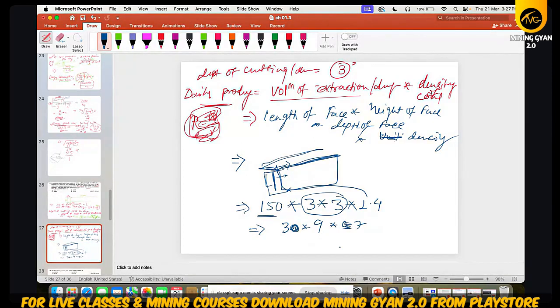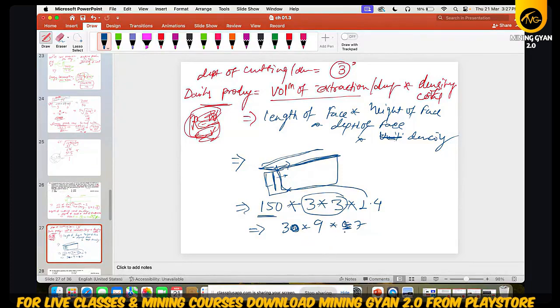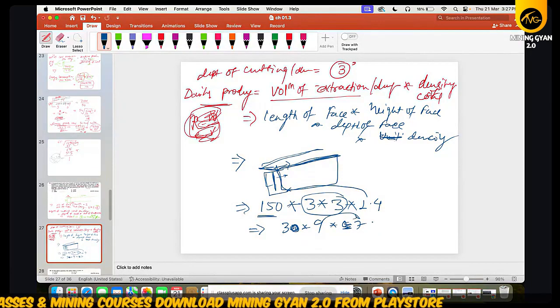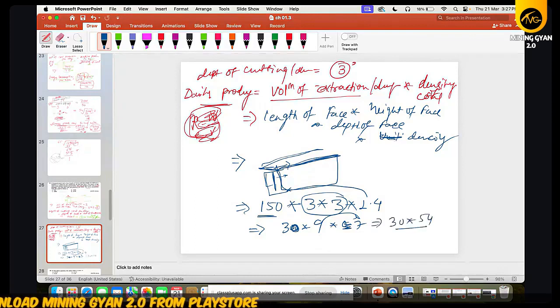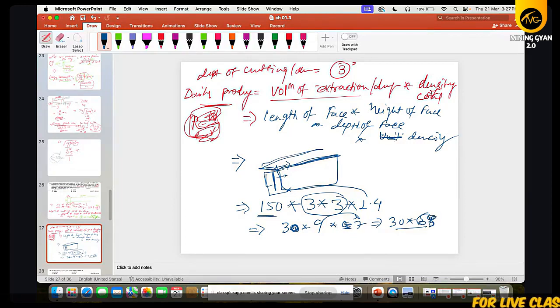This will be 30. Okay, and now this is 30 into 54. I have done something wrong. It will not change, 63 na, and now it will be easy to multiply with the 3.